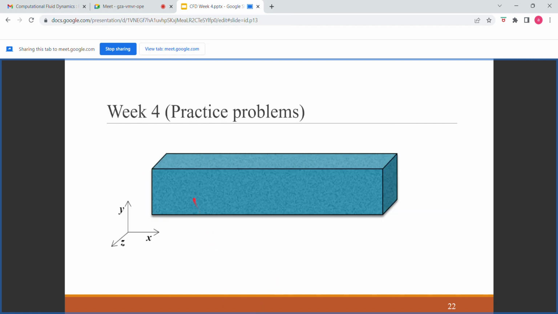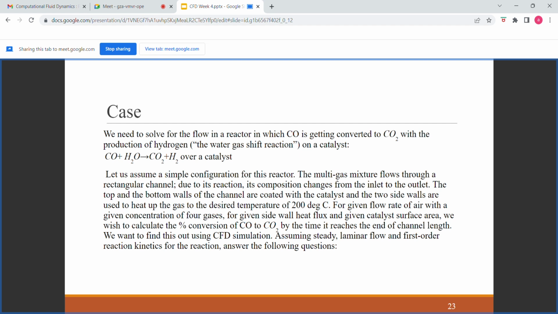They have given a reactor setup in this week 4 practice problem. It is a case study where we need to solve for the flow in the reactor in which CO is getting converted to carbon dioxide with the production of hydrogen, a water gas shift reaction on a catalyst.